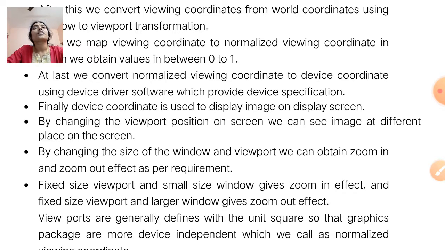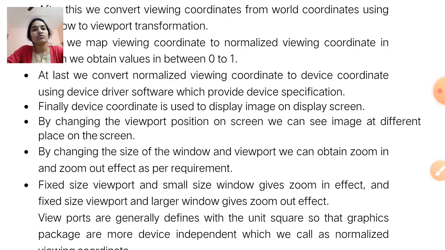By changing the viewport position on the screen, we can see the image at a different place on the screen. And by changing the size of the window and viewport, we can obtain zoom in and zoom out effect as per requirement. We can enlarge it or reduce it.